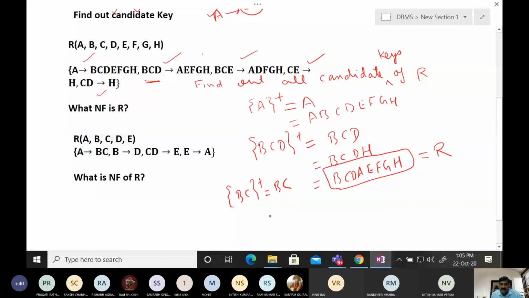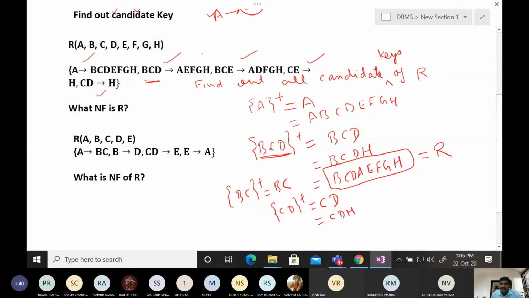Suppose we discard B and find out the closure of CD. Then we will get CD, and through CD we will get CDH. Now on the left hand side there is no combination of CDH. Then the combination of CD cannot determine all the attributes. So in this set there is no extraneous attribute.